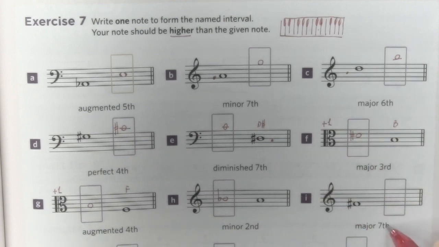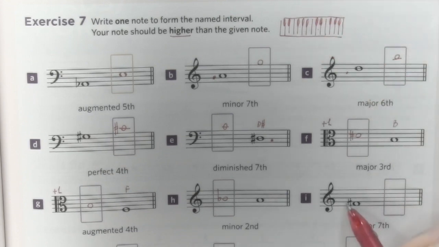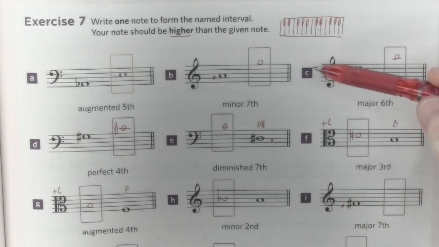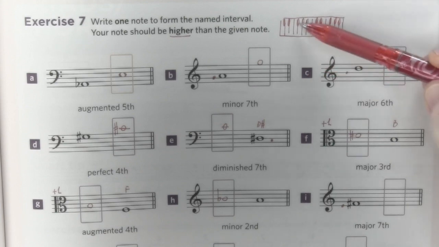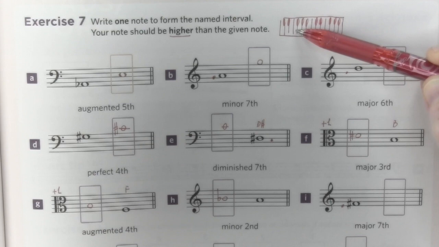Fa sharp, a major seventh from Fa sharp, which means that we need to create a minor second flipped over. So Fa sharp, a minor second is a semitone below this.